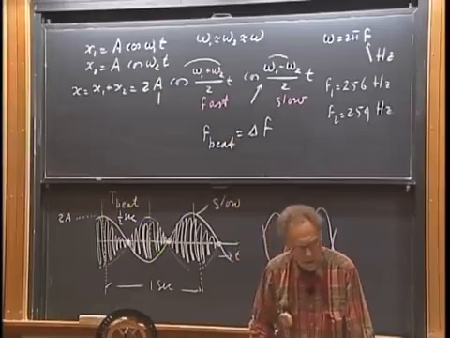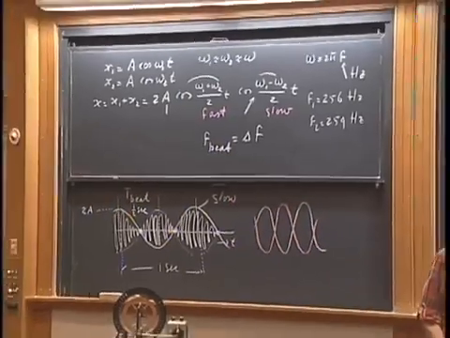to demonstrate this is to make you listen to it. I have here a tuning fork of 256 hertz. And I have another one, which is also 256 hertz. But I can change this one by putting a little weight on there. So I can make the frequency a little lower.